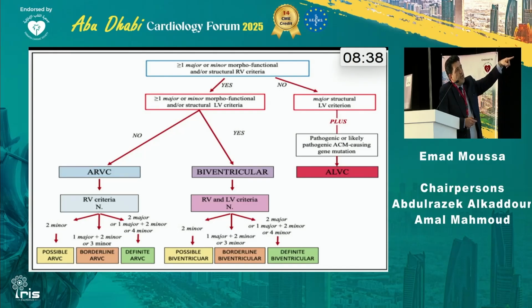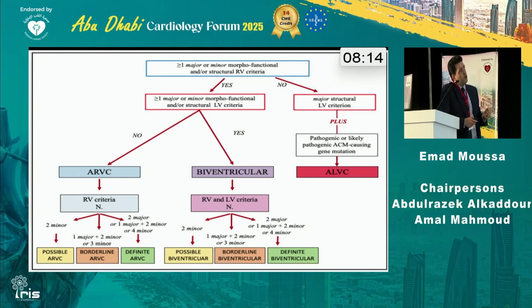If you don't, you need to ask, do I have a major criterion of left ventricular involvement? And if so, then the next step will be genetic assessment to find one specific desmosomal pathogenic gene. And if it is there, this will be enough to establish the diagnosis of ALVC, the arrhythmogenic left ventricular cardiomyopathy.